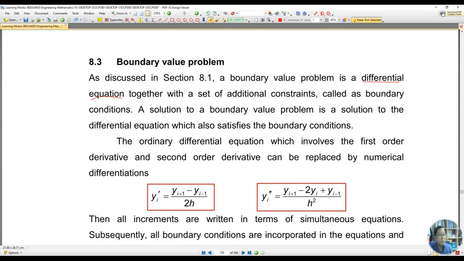Okay, class, the ordinary differential equation will involve a first order here. This one is the first order and this one is a second order. So for any question given to you, if the equation consists of a first order differential equation like this, you have to substitute all the y prime.